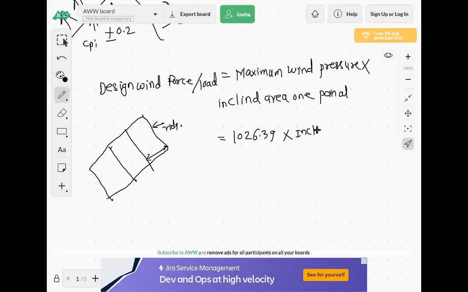So write down here, and this distance is spacing of truss. Okay, so inclined length of one panel into spacing of truss.